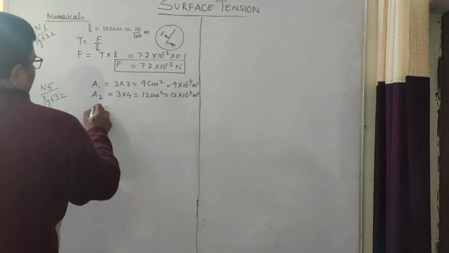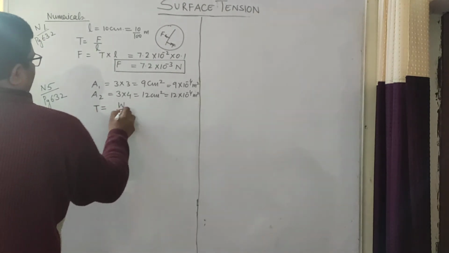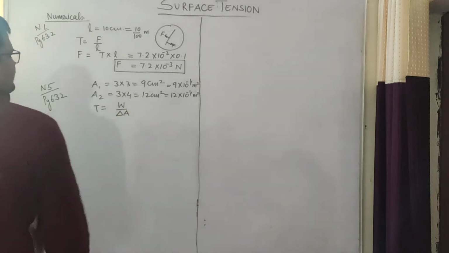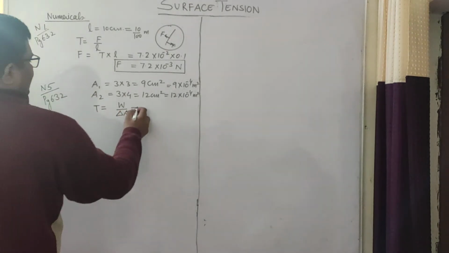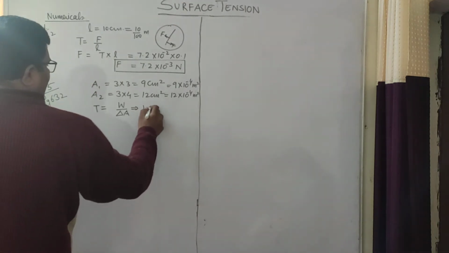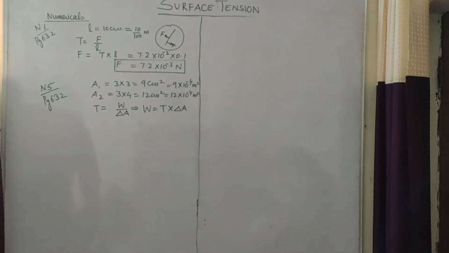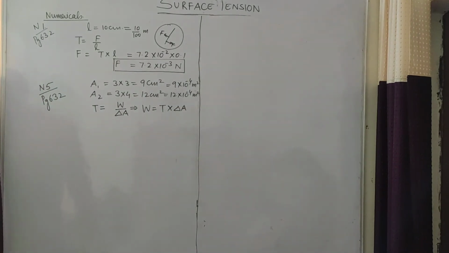You all know that surface tension is equal to work done upon change in area. So work done is equal to surface tension into change in area, because this is soap film and the surface tension of soap solution is given in the question itself.